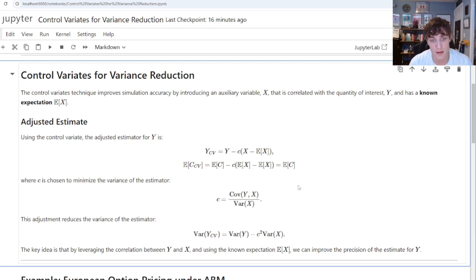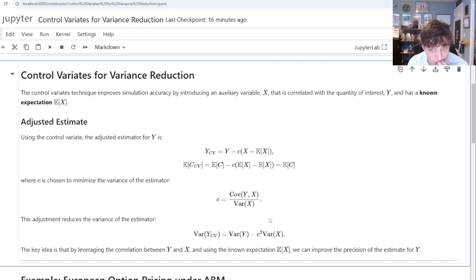Okay? How is C chosen? Well, we minimize the variance of the estimator through very simple optimization. You can go ahead and take the derivative, set it equal to 0 if you like. Turns out C is going to be the covariance of y and x divided by the variance of x, and of course this is just a linear regression.